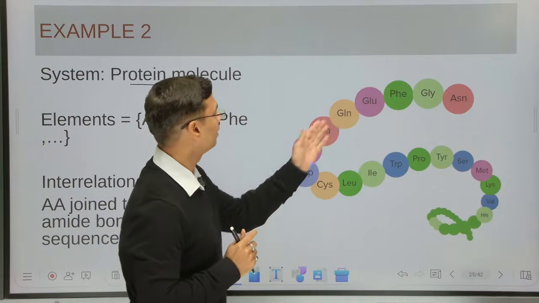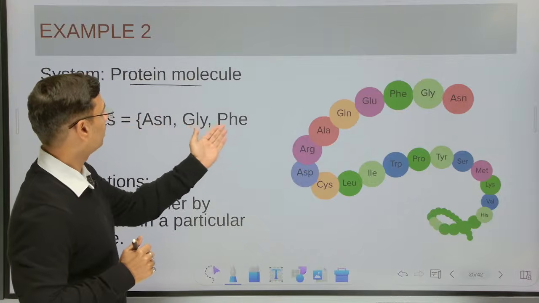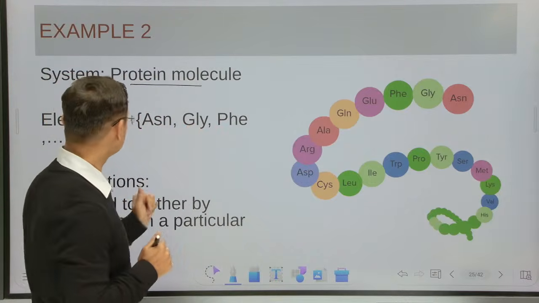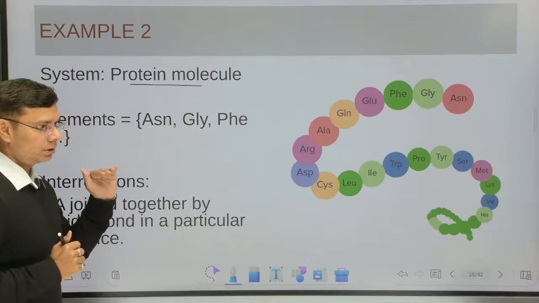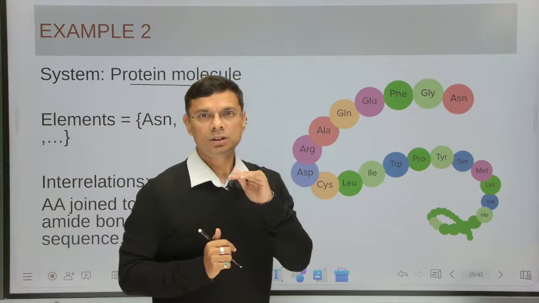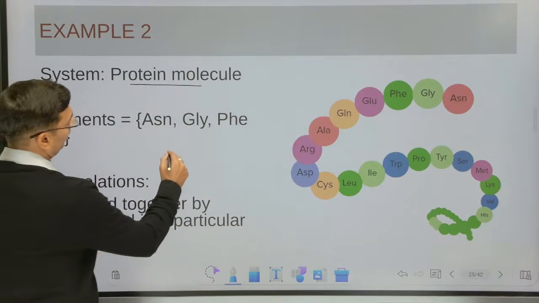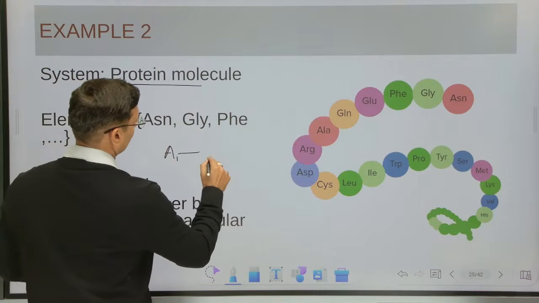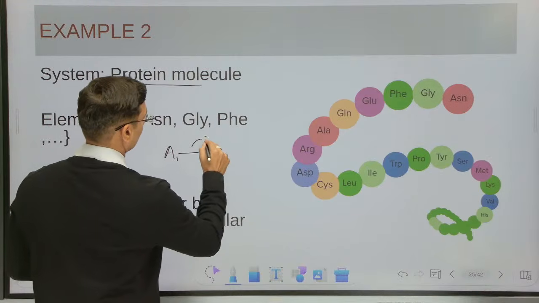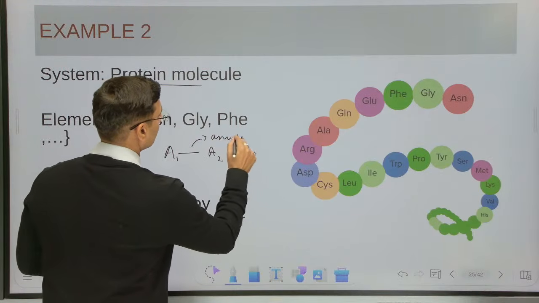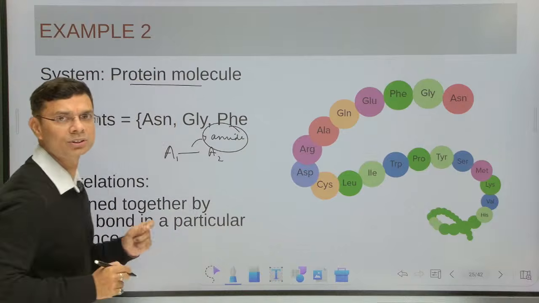So as you know, all the amino acids constitute the elements of the system. If we talk about the structure, structure means relationships. So what relationship exists? Basically, one amino acid is bound to another with an amide bond. Okay, so a bond is nothing but an interaction or interrelationship.